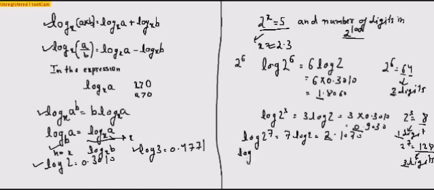So log 2 to the power 100 gives me 100 log 2, which in return gives me 100 into 0.3010, which is 30.10. So since 30 is there, we can say that 2 to the power 100 has 31 digits.